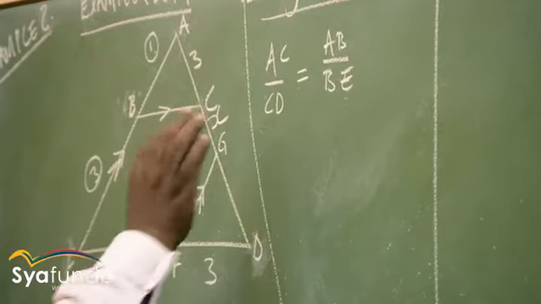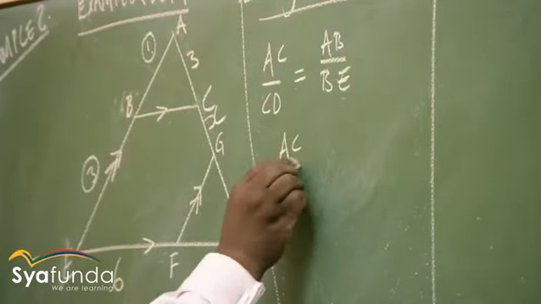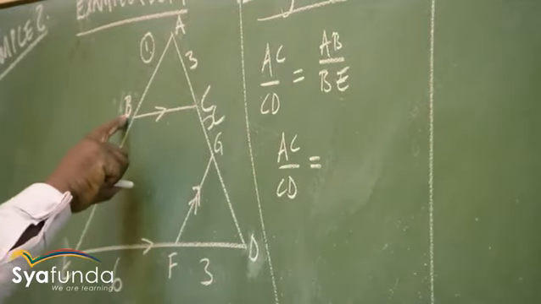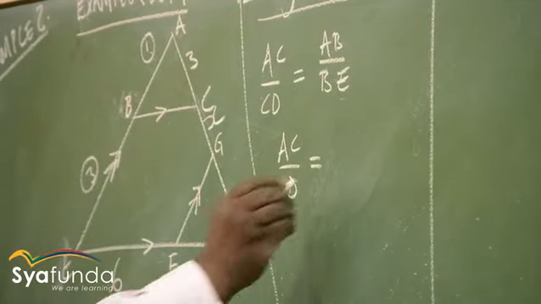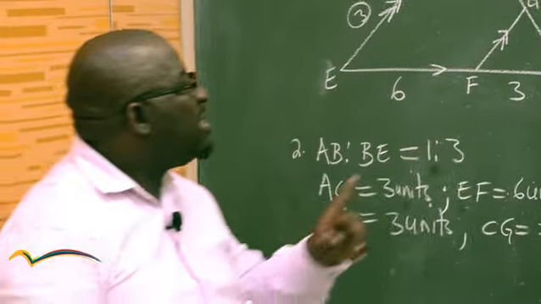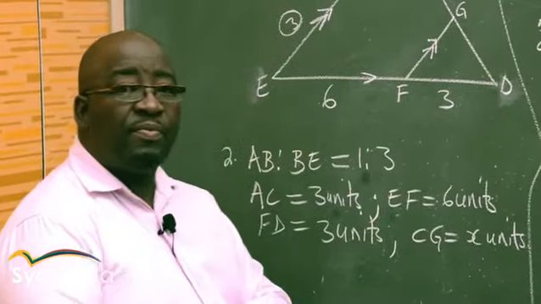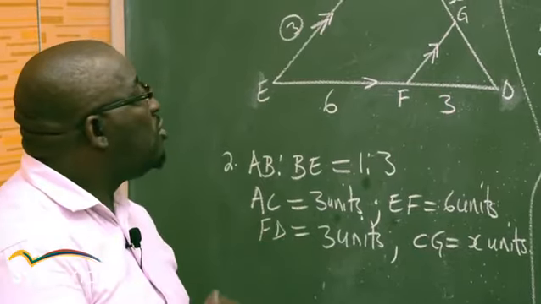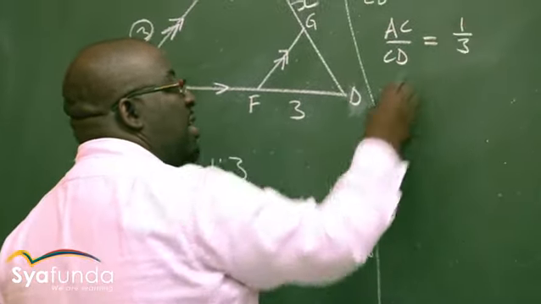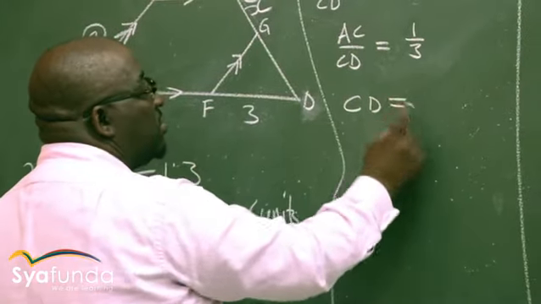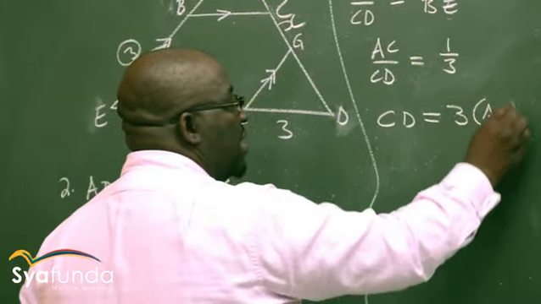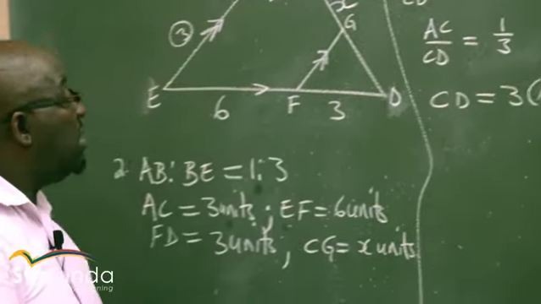So in other words, AC over CD is the same as, what is AB? AB is 1 and BE is 3. It is 1 over 3. That is the ratio. We are looking for CD. We cross multiply. CD times 1 is CD, equal to 3 times AC, so 3AC. That is the value of CD.